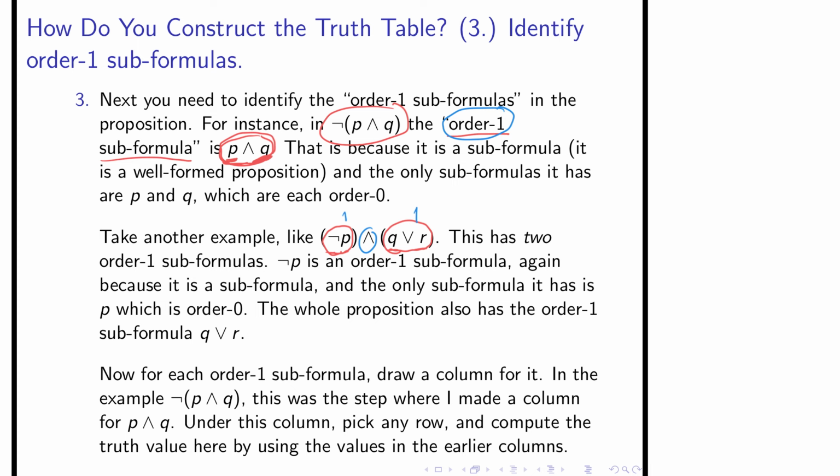That's the maximum between 1 and 1. And so whatever that maximum is, I add 1. So this is an order 2 formula, because the left is 1, the right is 1. I compute the max, I get 1, and then the extra operation makes it order 2.